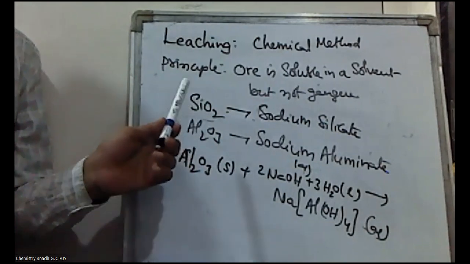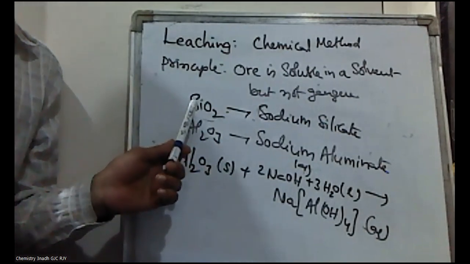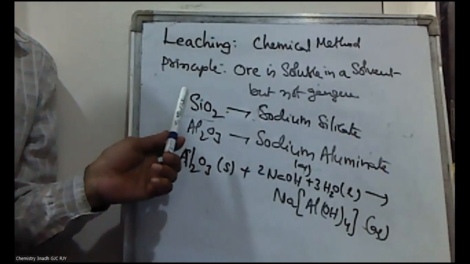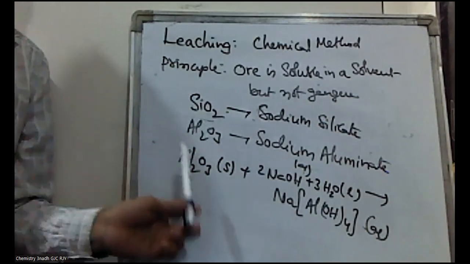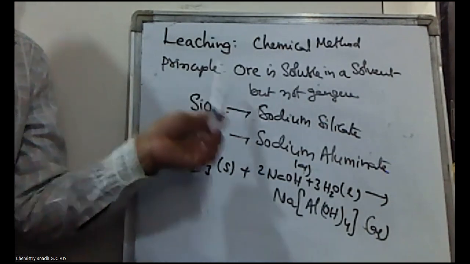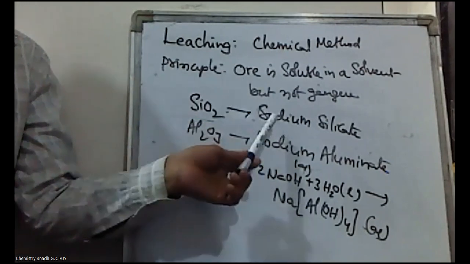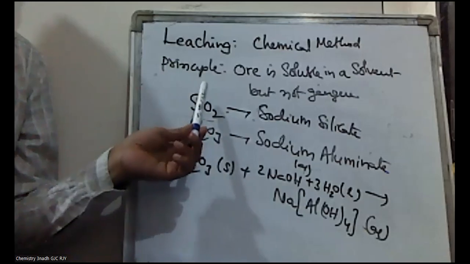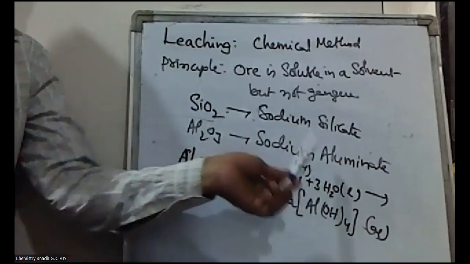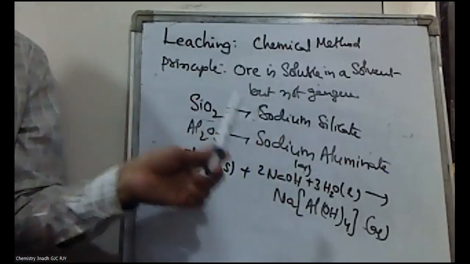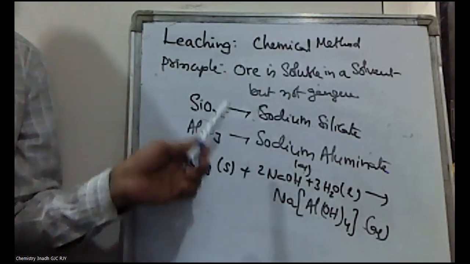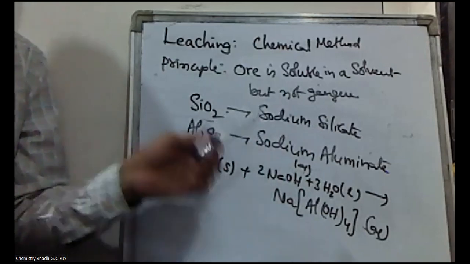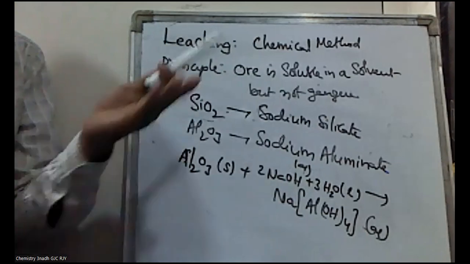So in this leaching method, aluminum ore is digested in concentrated NaOH. Alumina and silica are leached out as sodium aluminate and sodium silicate, leaving behind the oxides of titanium and iron as precipitates.